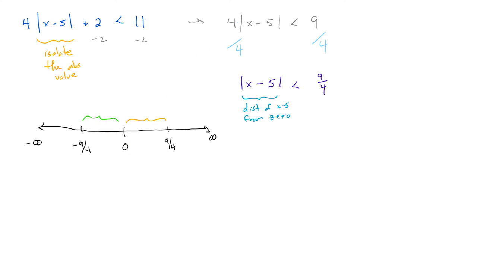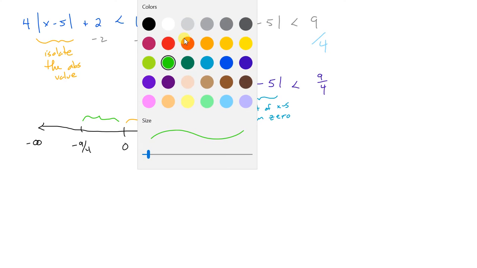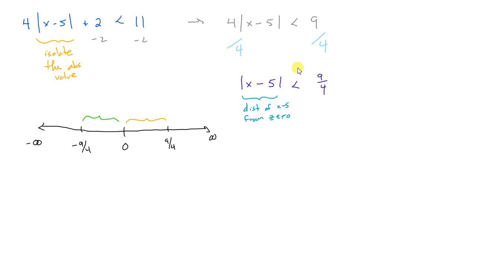So what we're seeing is, when we have an absolute value with a less than scenario, when we isolate the absolute value and we end up with a less than, that means the quantity inside the absolute value, this is where the x minus 5 can live, can either be here or there.